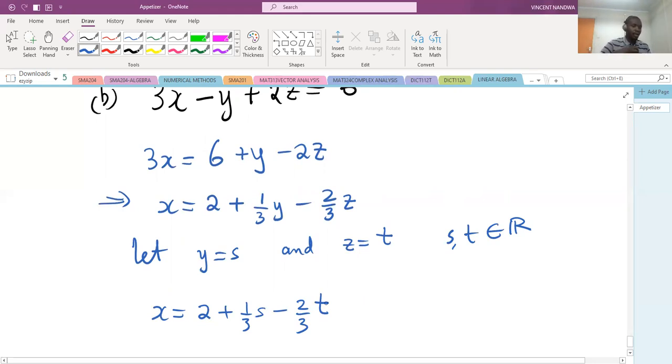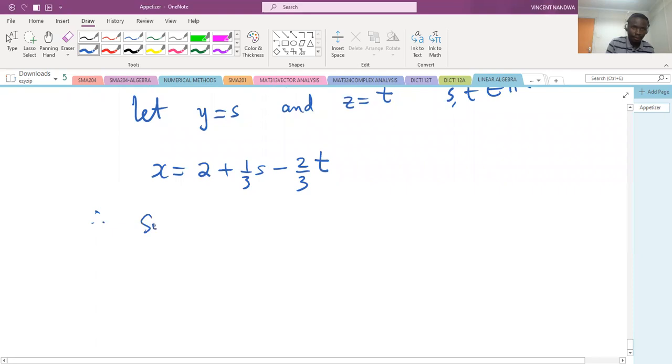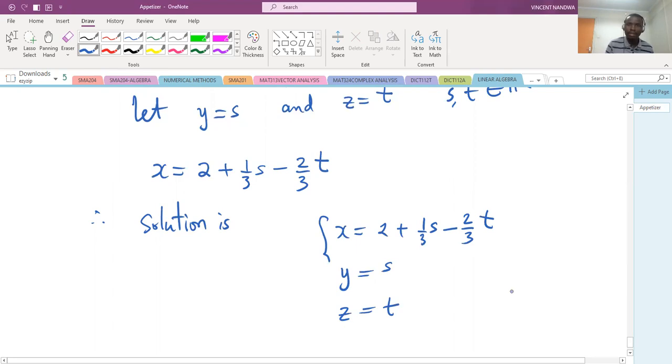So that means that now our solution is: x equals 2 plus a third s minus 2 over 3 t, y equals s, and z equals t. So this is a solution set. And then you remember to specify that s and t are real numbers. So that is one way.